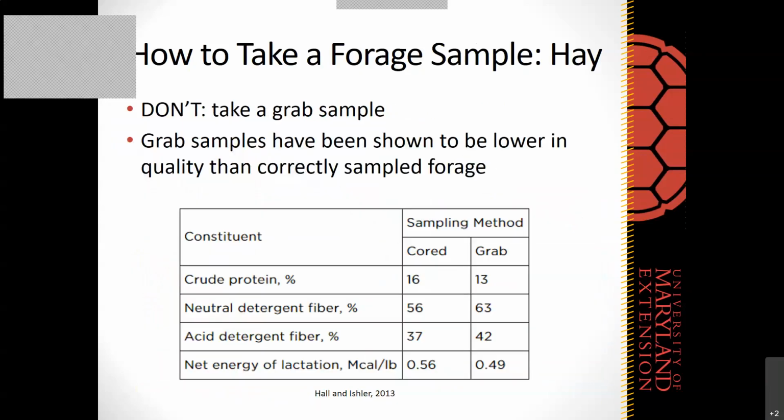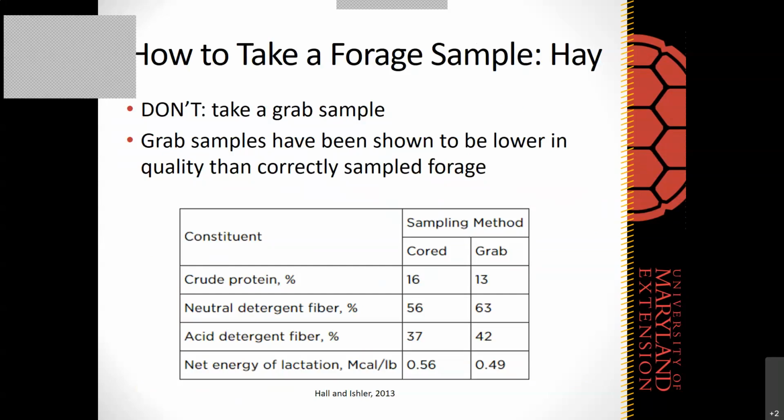So what you shouldn't do is take a grab sample. A lot of people like to think, oh, I can just go and grab a handful of hay from several different bales, and that will be a good representative sample. But actually, research has shown that those grab samples are usually lower in quality than a correctly sampled forage using a hay core.